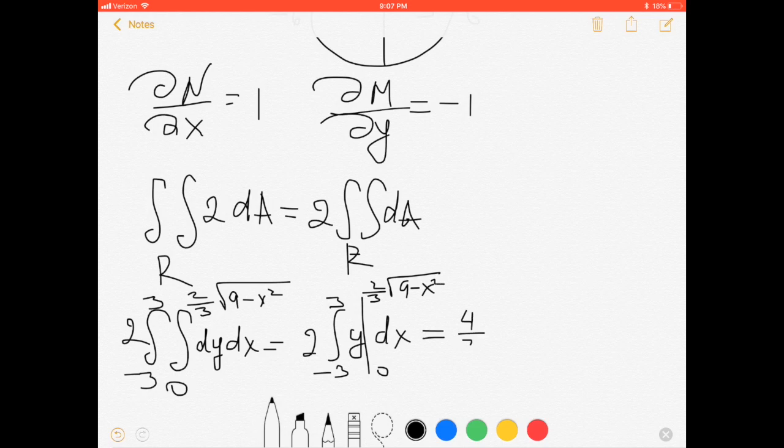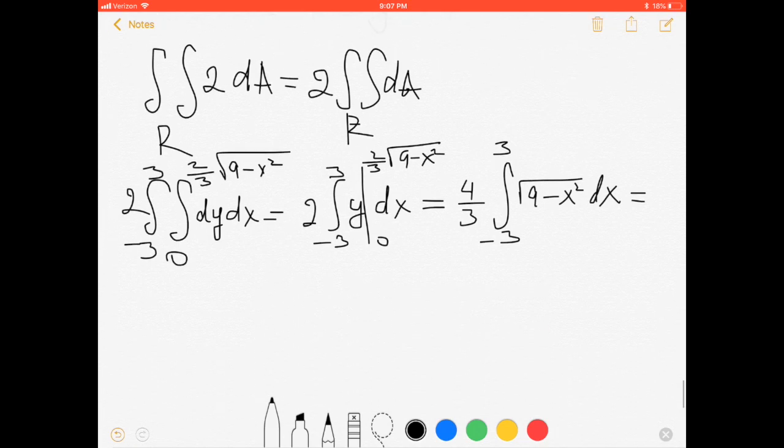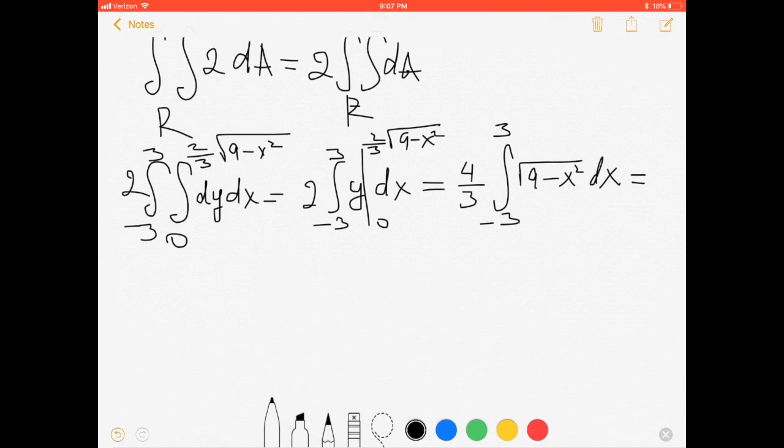It will be 4/3 times the integral from negative 3 to 3 of square root of 9 minus x squared dx. And for this situation, we know our integral is 1/2, but I use 1/2 and this will be 2/3 here.